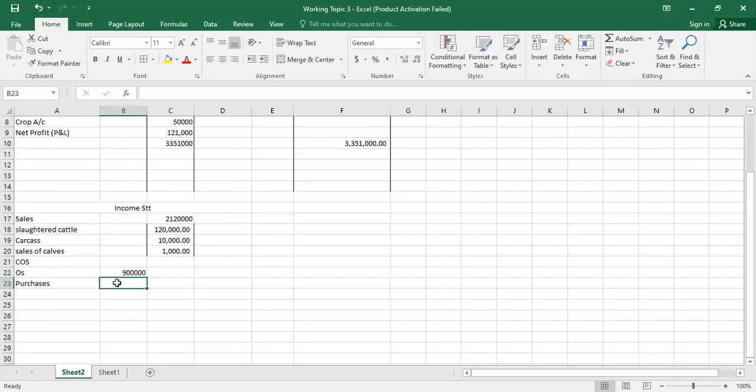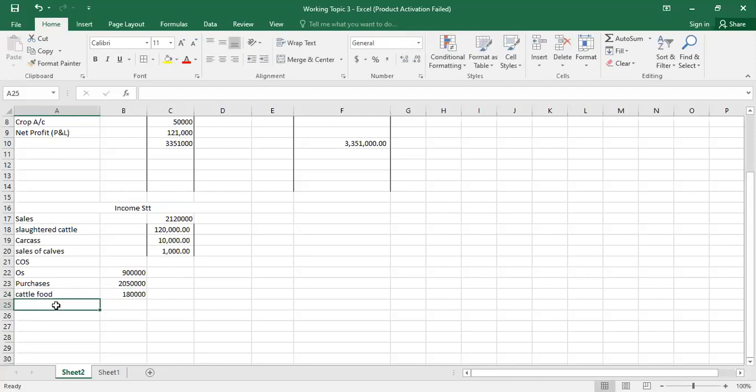The purchases were worth 2,050,000, right? Yes. Then we have the cattle food. What was the value of the cattle food? 180,000. Yes.